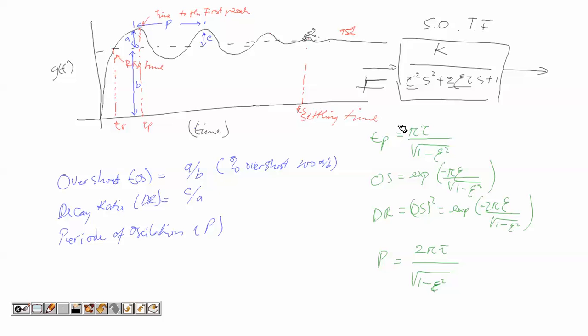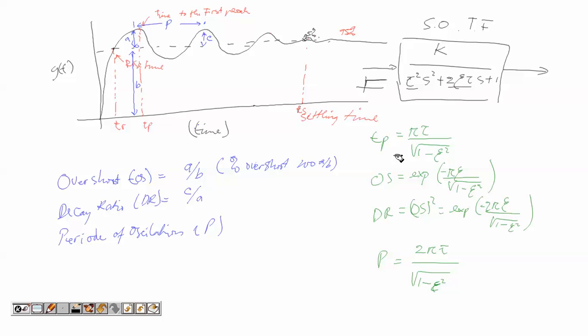For the third case, if this transfer function produces complex conjugate roots, then y(t) will consist of sin and cos terms, and the response will oscillate.